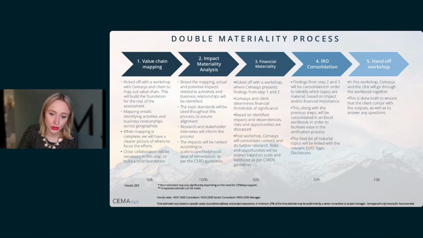Then we go into the impact materiality analysis. You know everything you need to know about that for now, so I'm not going to go very deep into it. But as we remember, we need to do the impact first, then we jump into the financial materiality. Here we will kick off with a workshop.